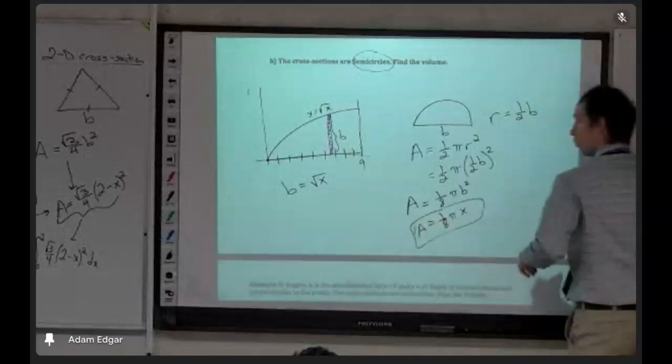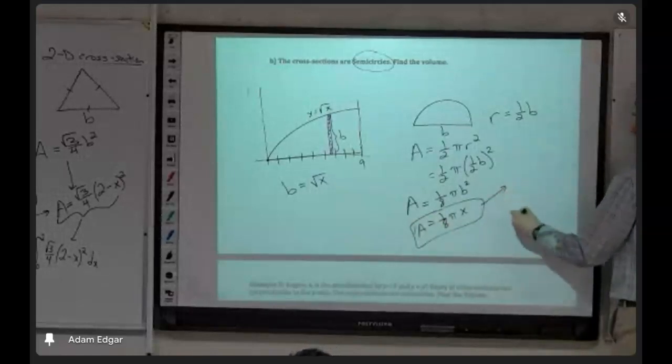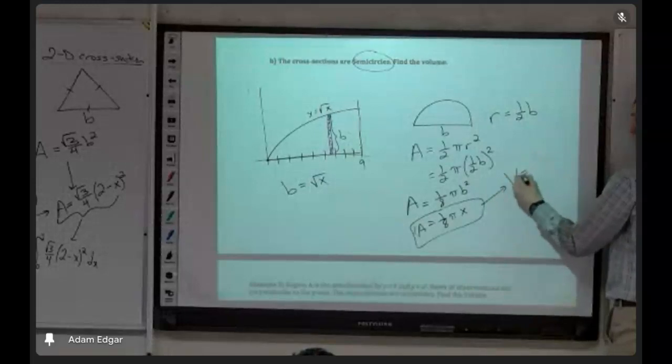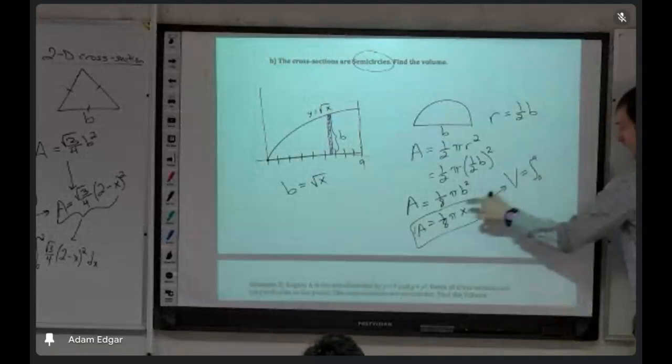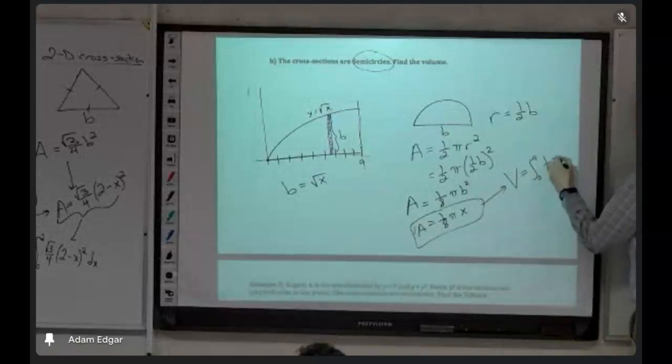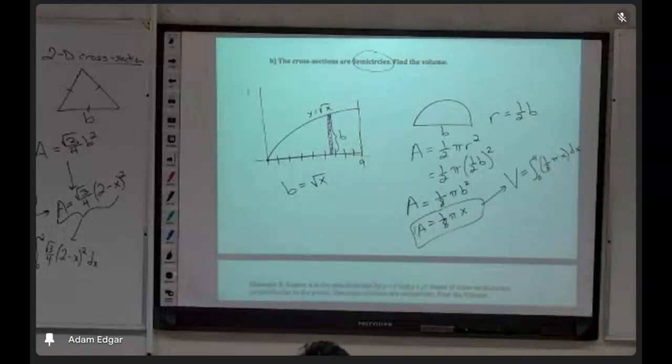Now, once you got your area formula in terms of x, you can go to your volume and say integral 0 to 9 of that thing, 1/8 pi x dx. Go ahead and take out the 1/8 pi, make your integration that much easier, and you're on your way.